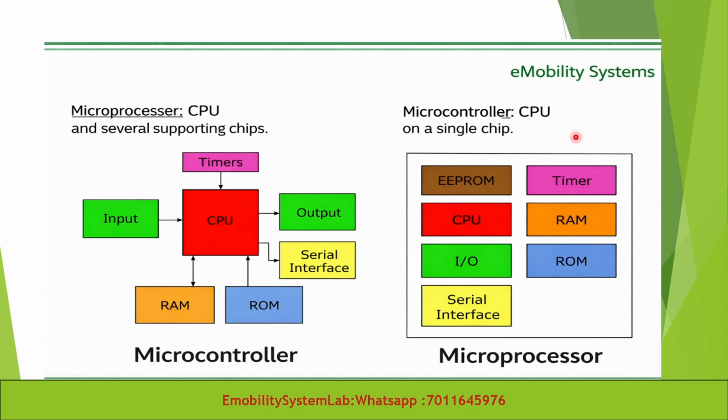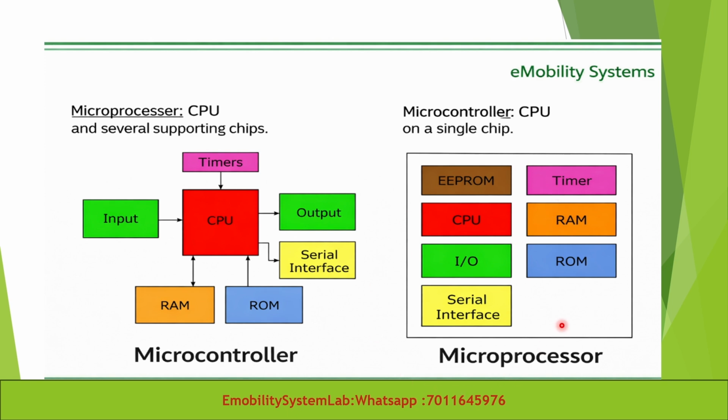So here we see the difference between the microcontroller and microprocessor in a pictorial format. Do you understand what is the processor, what is the microcontroller, CPU? Basically there are some peripherals in the processor which are externally connected with the CPU, like timer, input, output, serial interface, RAM, ROM. All are externally connected with the CPU.